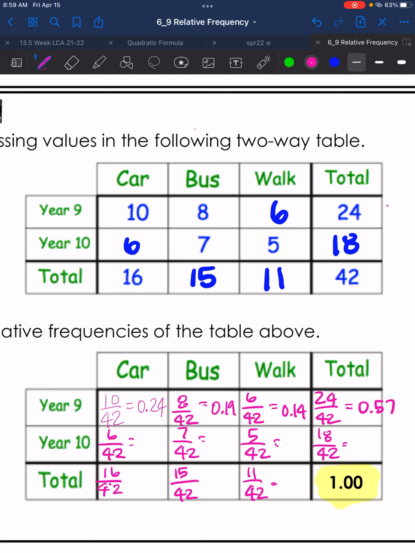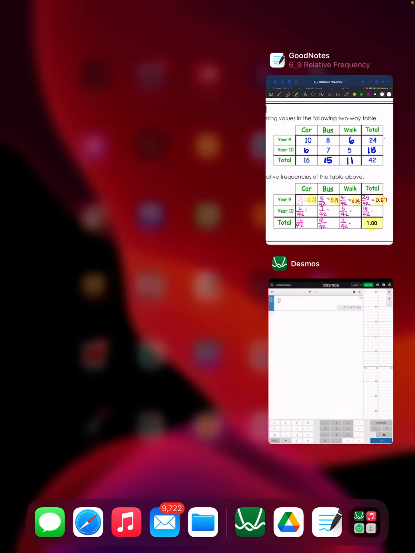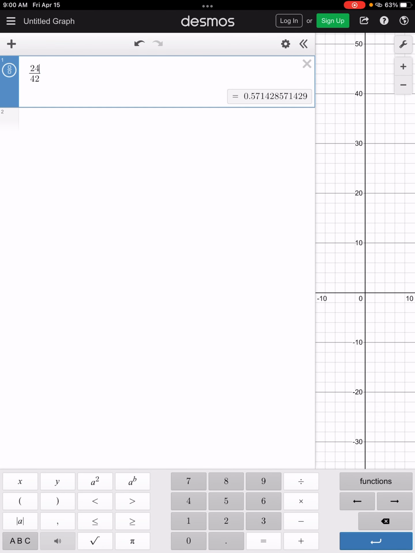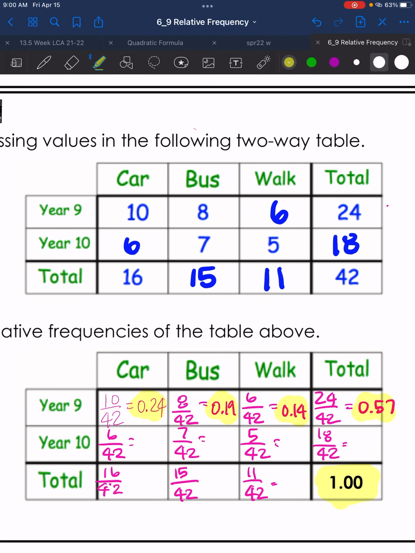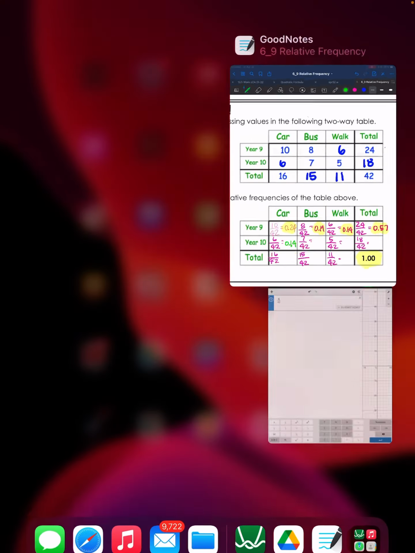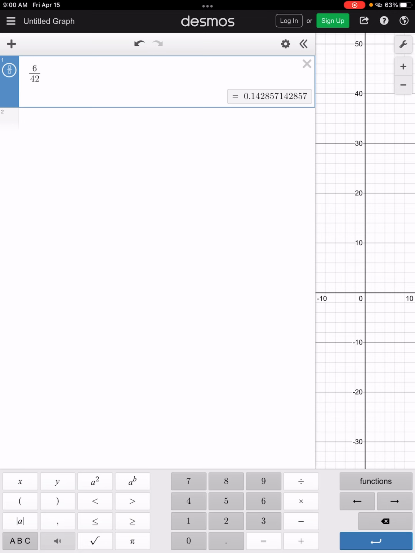Even though these are decimals, the same rules apply from my two-way tables. So 0.24 plus 0.19 plus 0.14 equals 0.57. If you don't believe me, you can just use your calculators. But I'm going to continue on finding these decimals for you. Now we got 6 divided by 42. That's 0.14. 7 divided by 42 is 0.166.